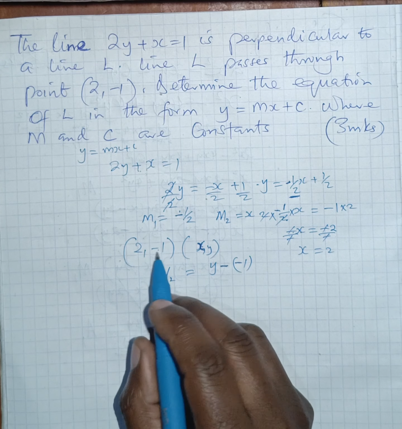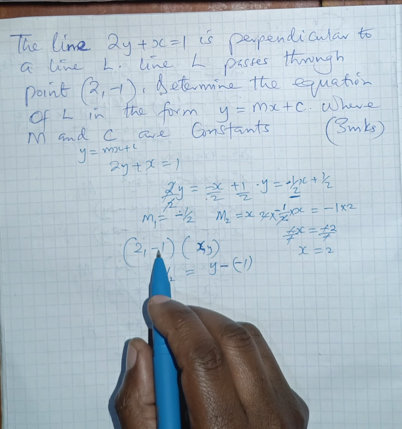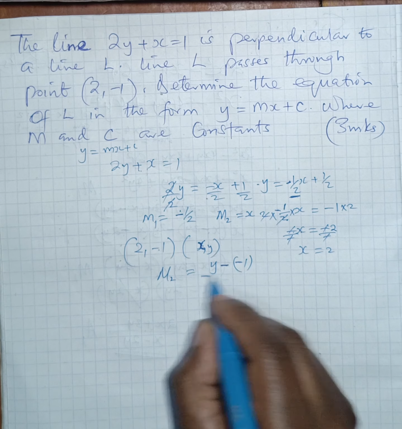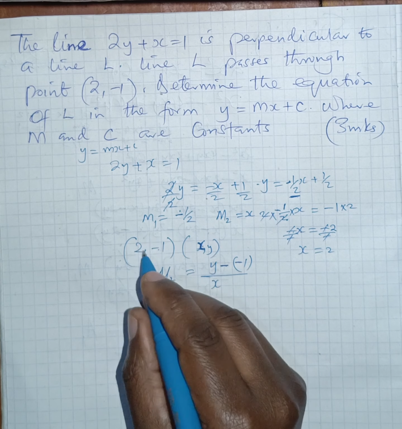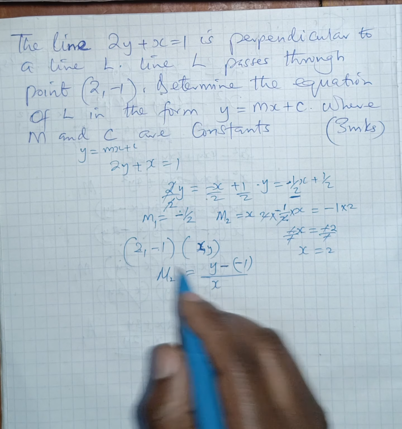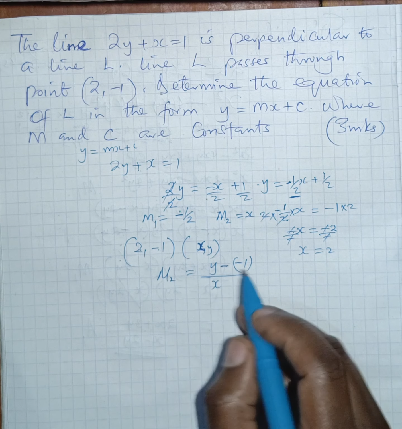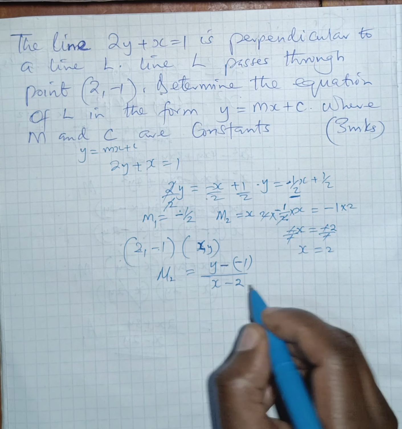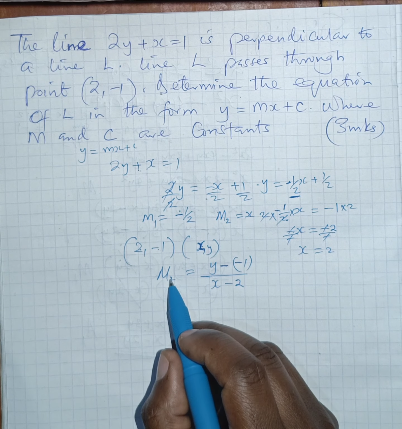This -1 here, because it is the value of y, then over x, this x minus the coordinate of x, which is 2. And that gradient I already know it is 2.